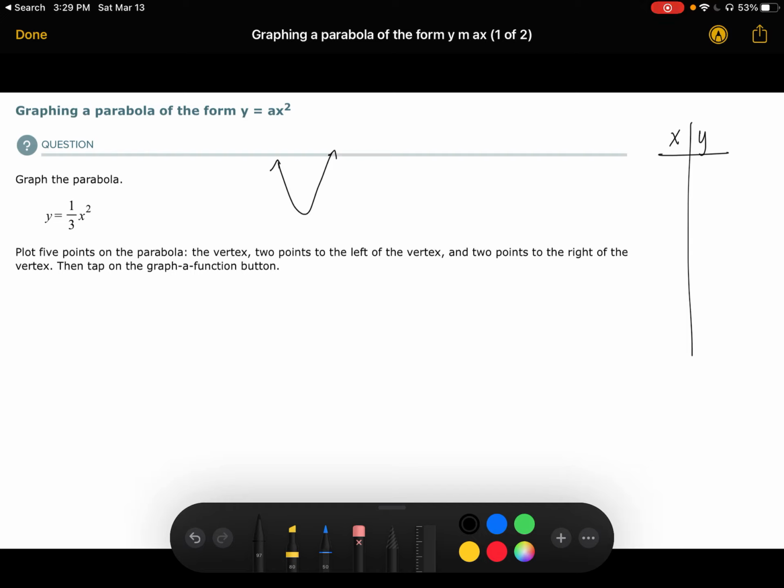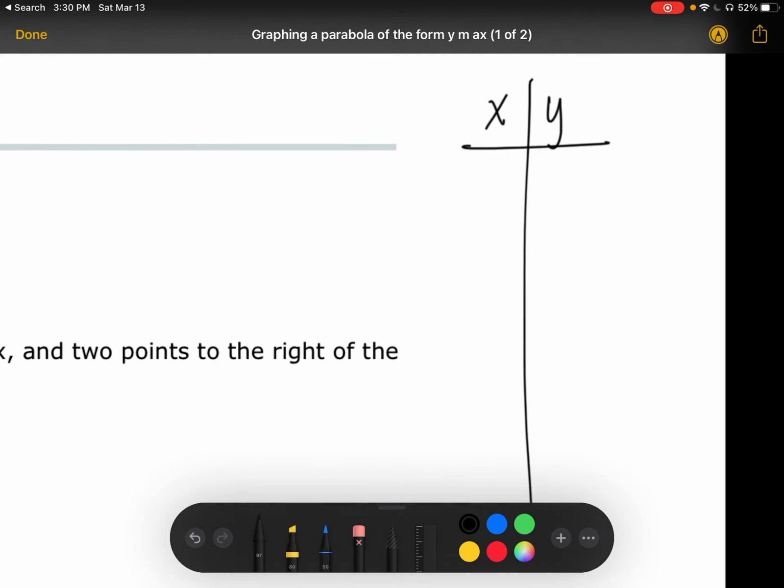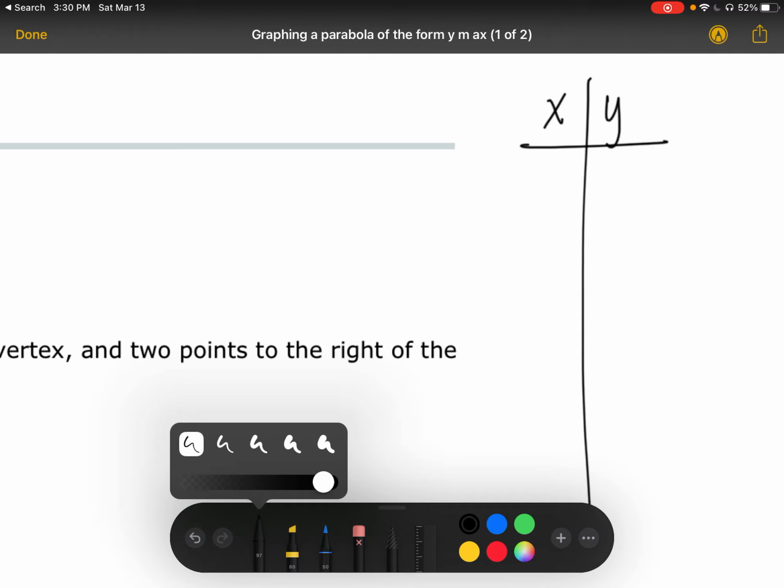So in true fashion of me trying to show you the simplest way to understand how to do something, we're just going to jump right into it. Over here on the right, I have a table that we're going to fill in for our points.